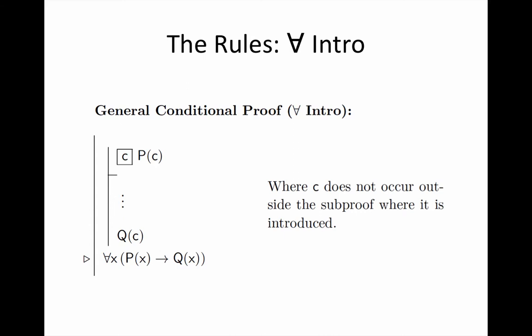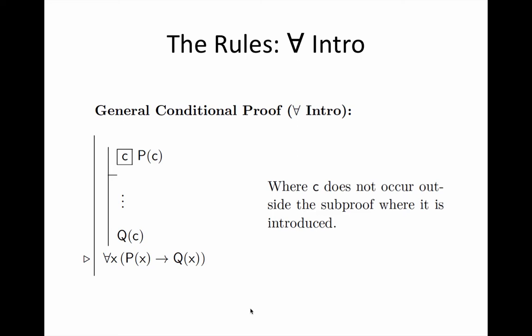And what we're doing, in assuming that C is P, is saying that if from the assumption that C is P, we can derive the sentence C is Q, it follows that every P is Q. So the idea is that when we assume the antecedent of a conditional claim and from it derive the consequent, we get out of that subproof and say, we've just proven that if P, then Q. So the conditional claim on the horizontal is proven on the vertical.